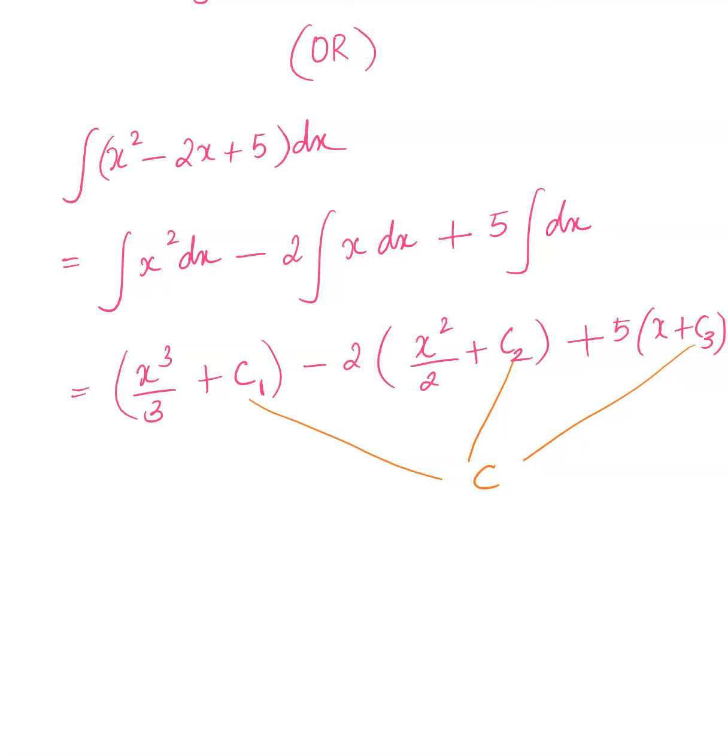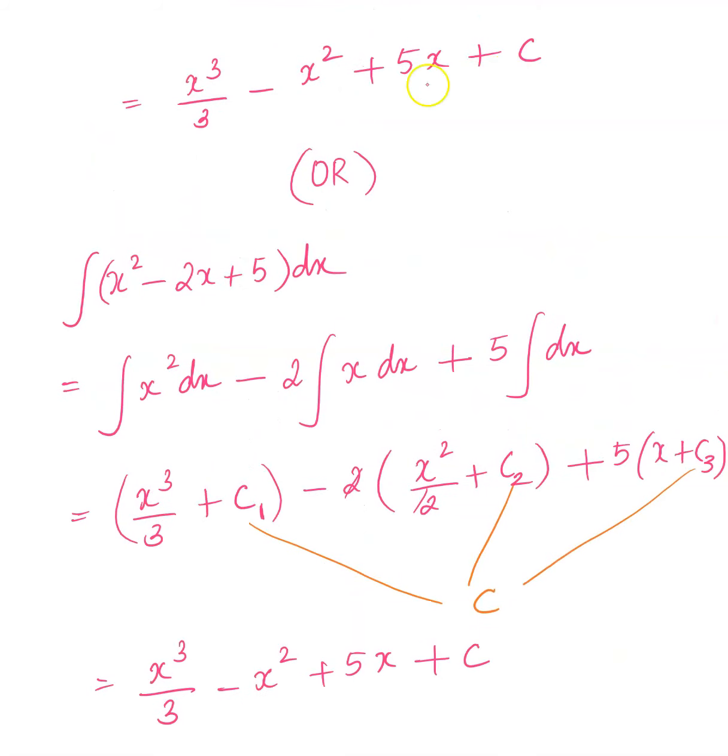And so we can rewrite this as just the terms first, x cubed, and here again the 2's will cancel off, so minus x squared plus 5x. And all the c's combined will be one common c, which is what we got up here. So you can write them out as separate c's, or you can just attach a c in the end. They're all equivalent.